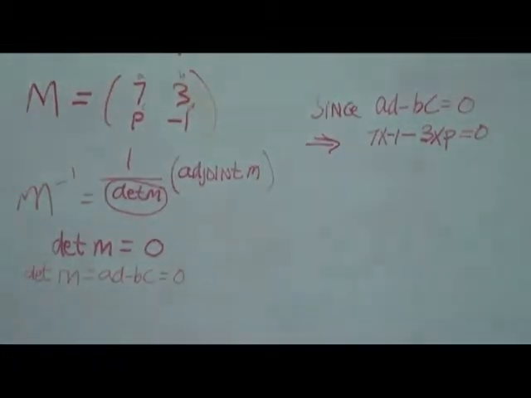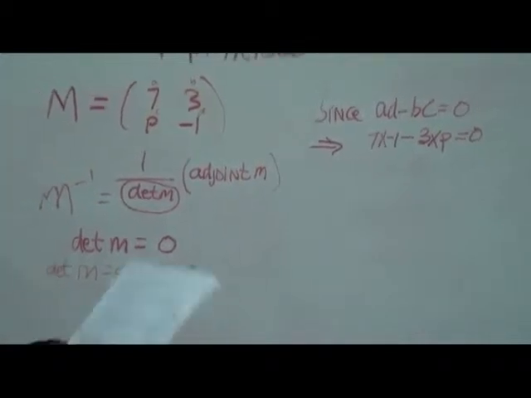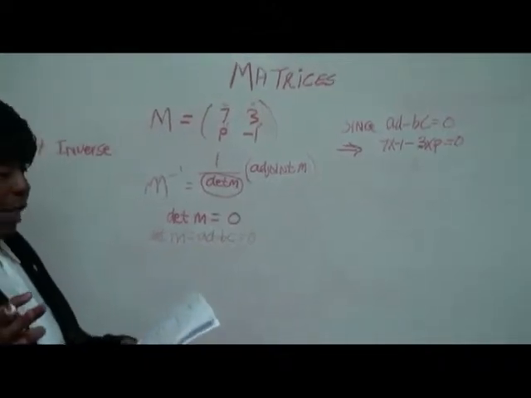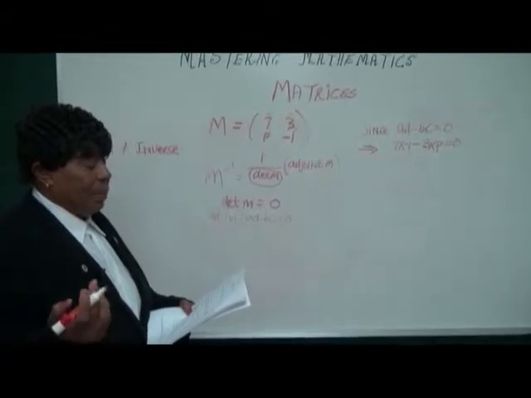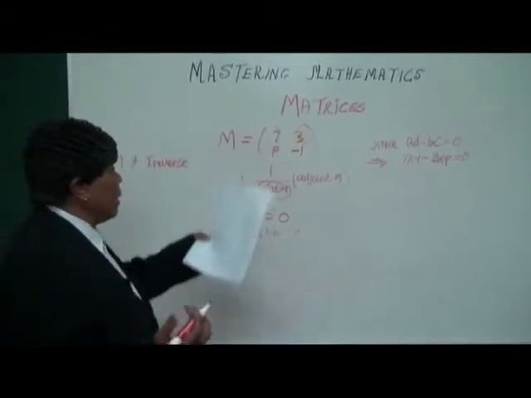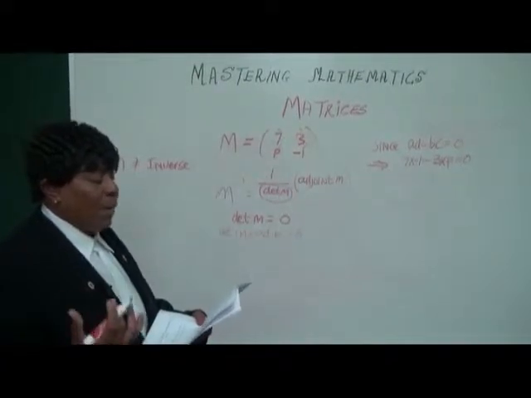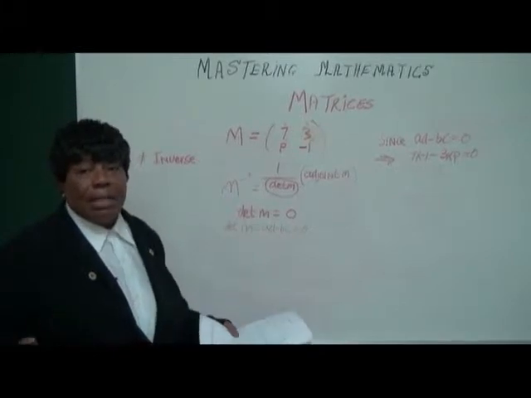And I'm going slowly for my friend who says, you remember, I am slow. What is all this we said? When we get our examination paper, because of the information we have learned and we know, the question just simply says the matrix M is defined as, and they give us this, and it says determine the value of P for which the matrix M does not have an inverse.